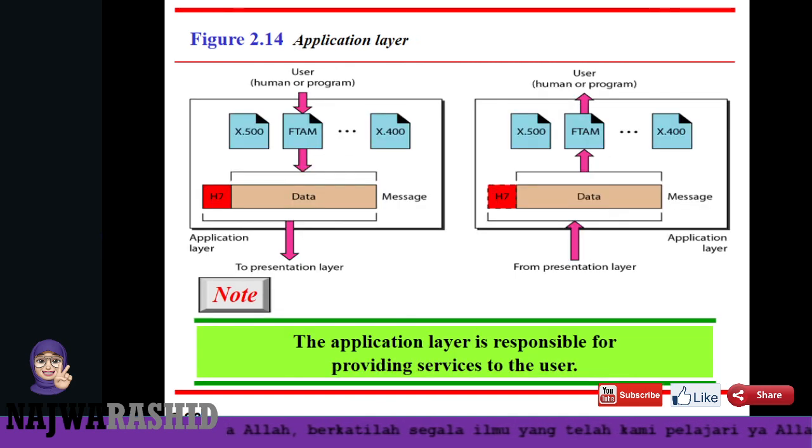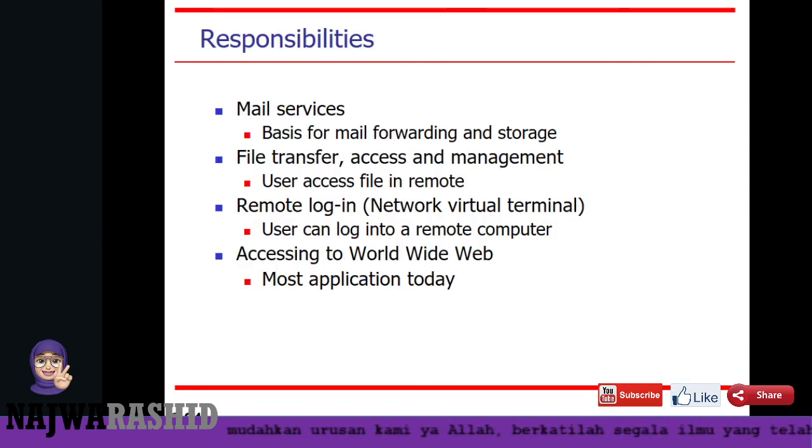And the last layer in the OSI model is the application layer. This application layer is responsible for providing services to the user. An example that I mentioned before is the Gmail application. For example, mail services, file transfer protocol. You want to transfer a file, and then access the internet.